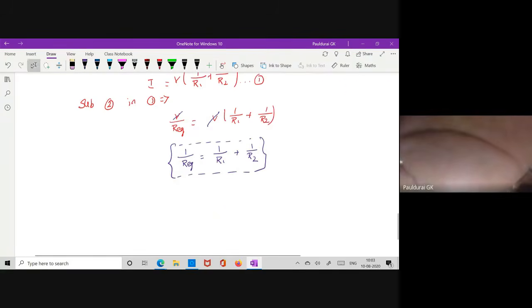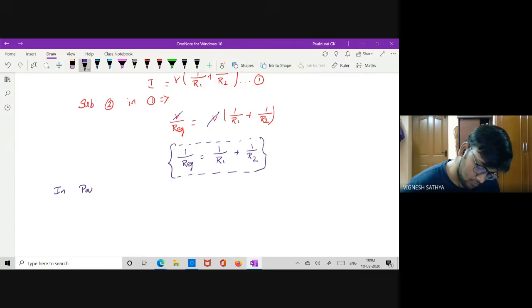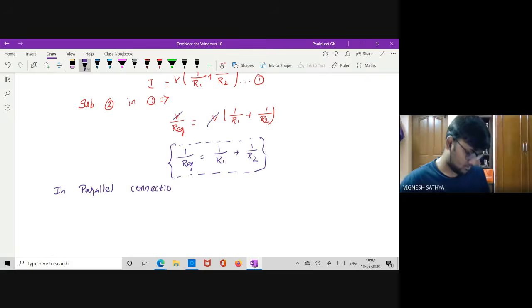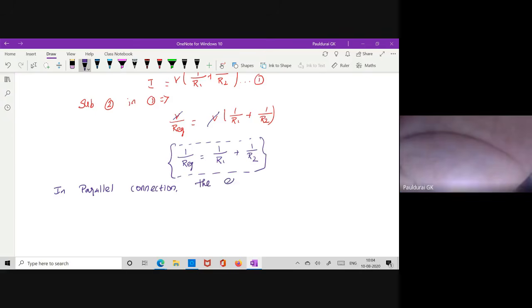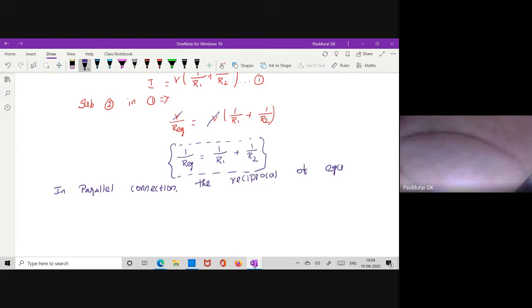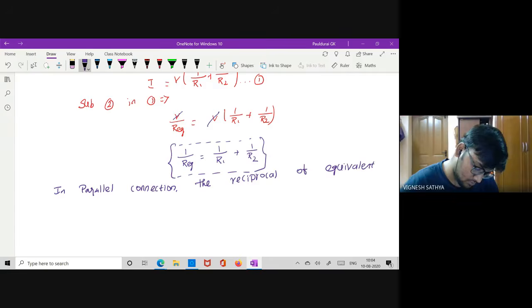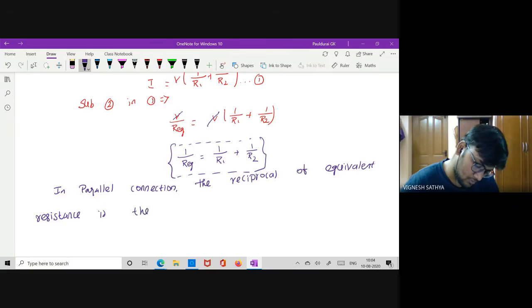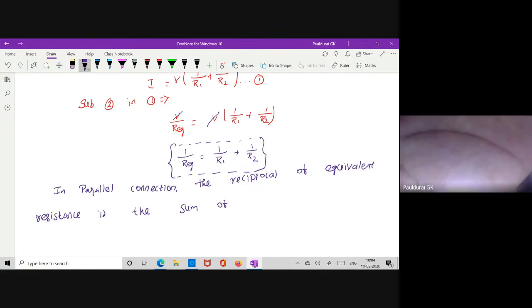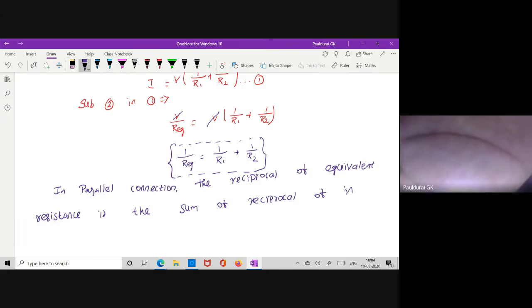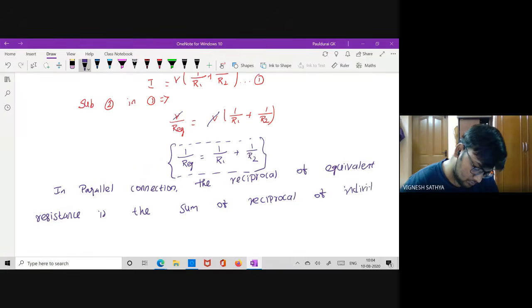What is the conclusion? It's very important. In a parallel connection, the reciprocal of the equivalent resistance is the sum of the reciprocals of the individual resistances.